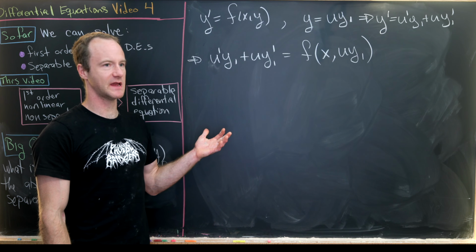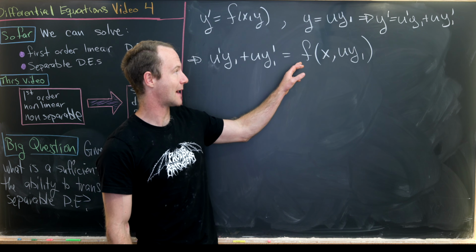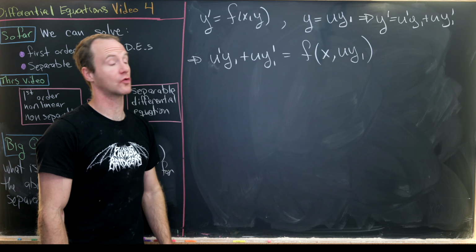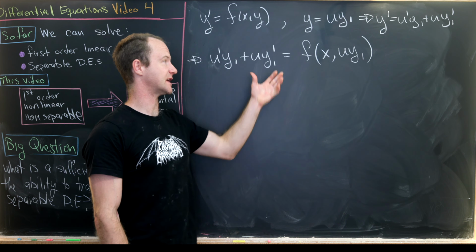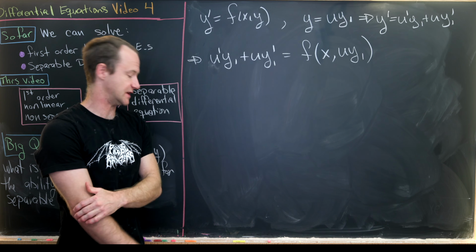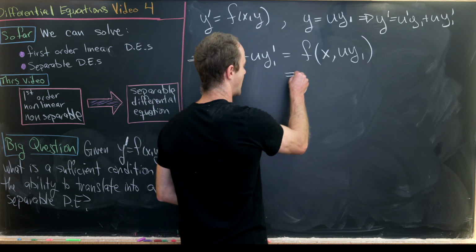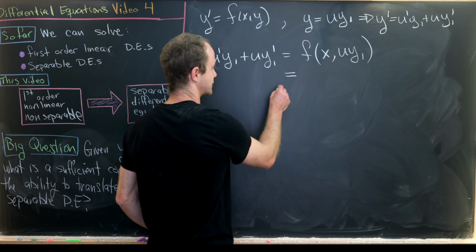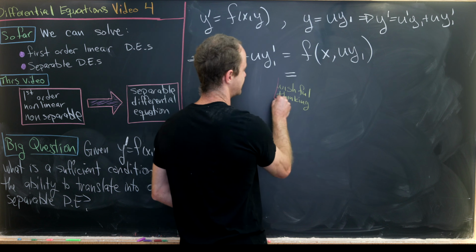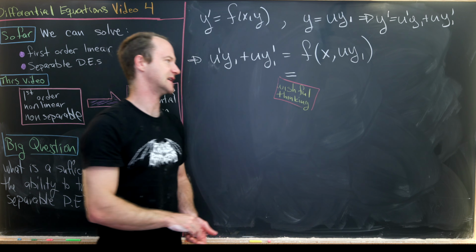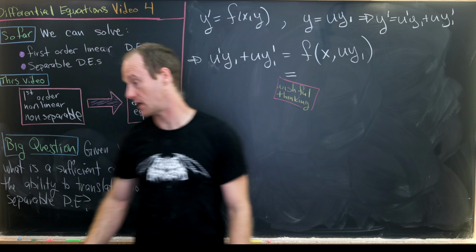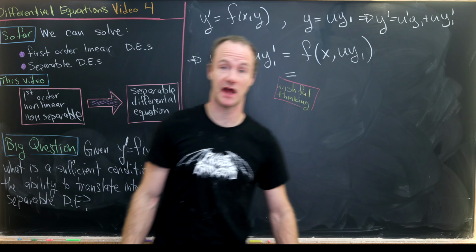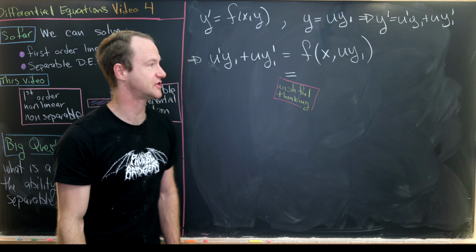And now we'd like to make some wishful thinking that perhaps our substitution makes the right-hand side of the equation transform in a way so that we can gobble up part of the left-hand side of the equation. So I'll put an equality here and say that this equality is really wishful thinking, which is in fact a really important technique in math, the technique of wishful thinking, but this will end up being our sufficient condition for translation into a separable differential equation.